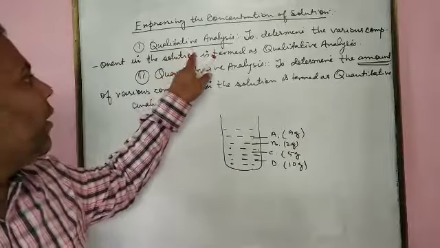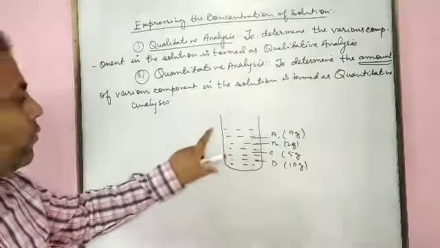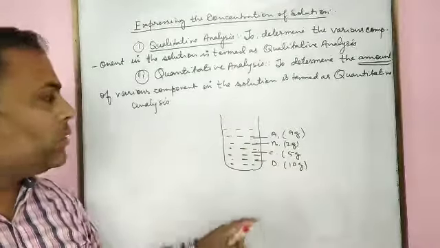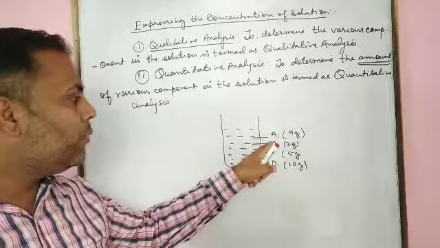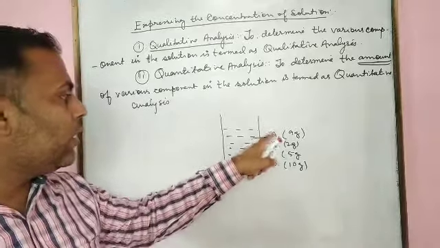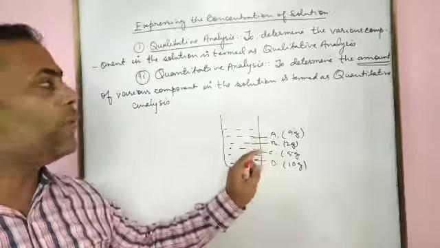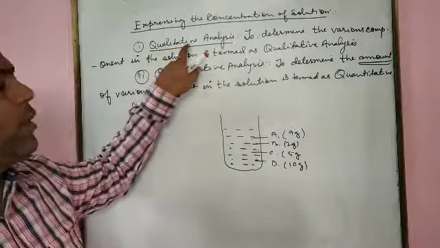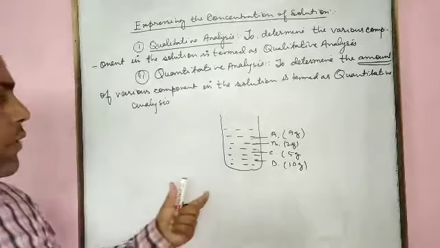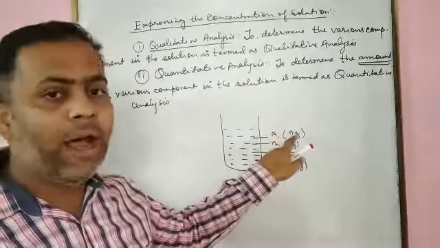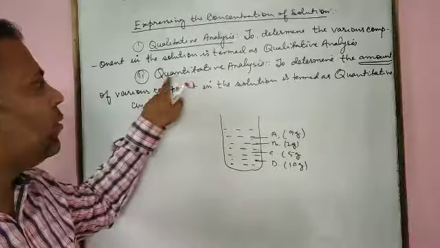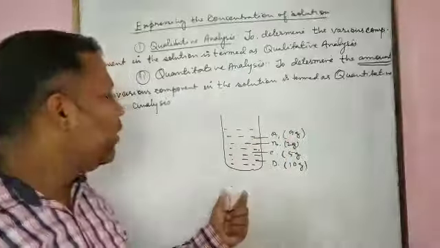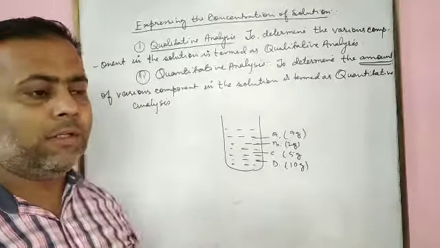Then in qualitative analysis, we determine that this solution contains 4 components. It means what are the 4 components? A, B, C and D. These 4 components are determined. This is termed as qualitative analysis. But if we determine that A is 9 gram, then it comes in quantitative analysis. It means what is the quantity of A? That is 9 gram. It's termed as quantitative analysis.